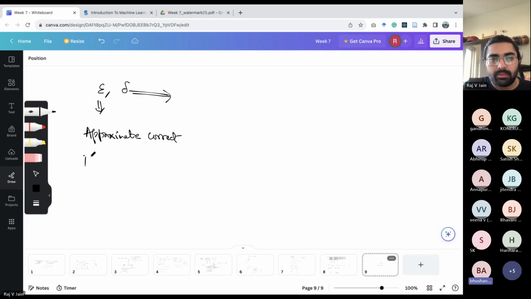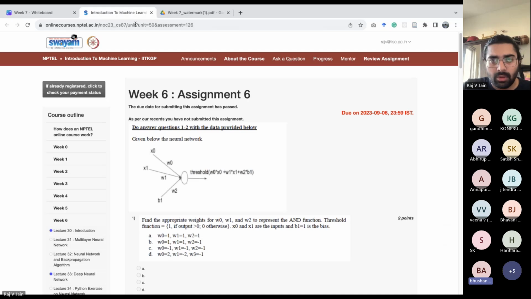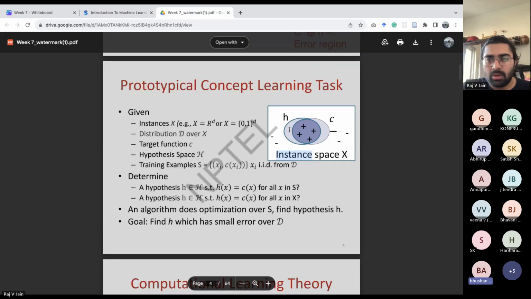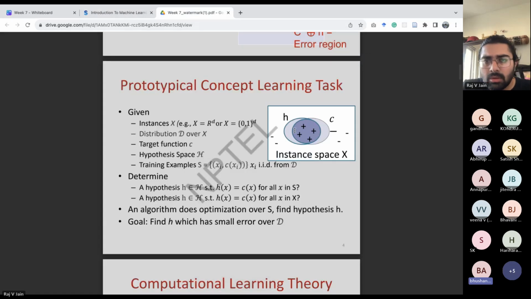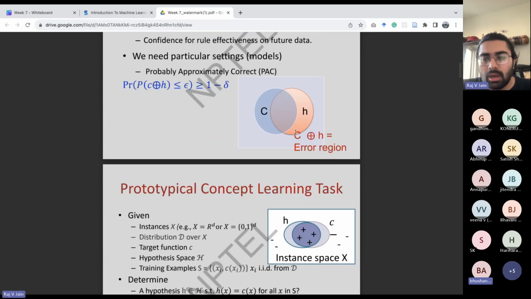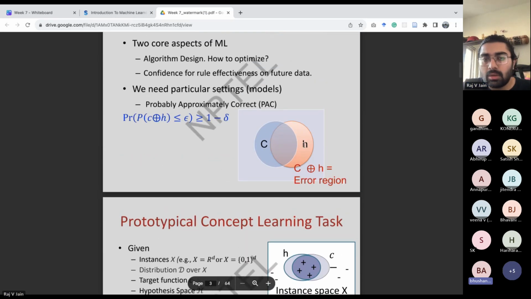In the slides they drew one circle and another ellipsoid or something, and they shaded an area which was called error. Now my question is, this error is what? It is not a probability, it is an error. No, it's a probability.